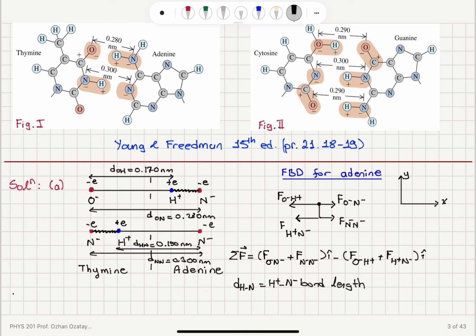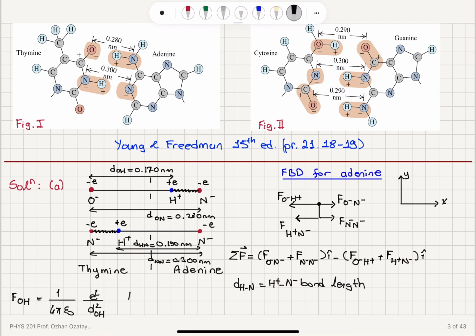And the force between oxygen and hydrogen is basically 1 over 4 pi epsilon 0, the permittivity of free space, e squared, the charge squared, divided by the distance between oxygen and hydrogen squared, D_OH squared. So what was D_OH? It is 0.170 nanometers. You can see here, this is what I found in my analysis.